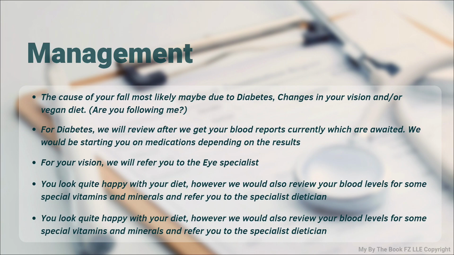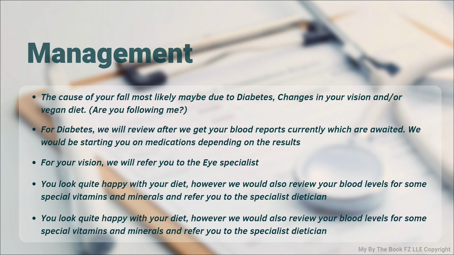So there are 3 reasons why this patient had a fall, and I told you what you are going to do for these 3 reasons also. Okay, so in the beginning, if you remember, I said that there are 2 ways this question can come. One would be talk and find out the cause of the fall. The other way would be talk, find out the cause of the fall, and discuss further management.